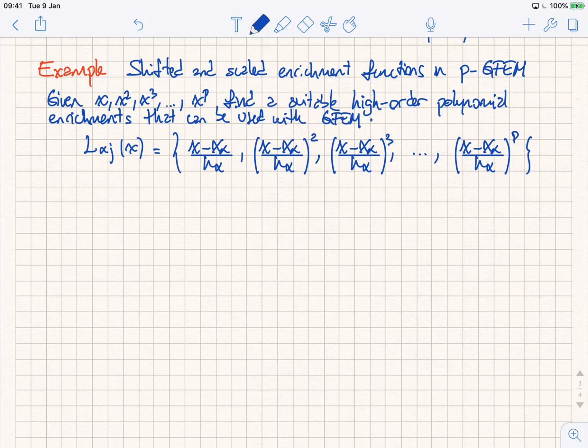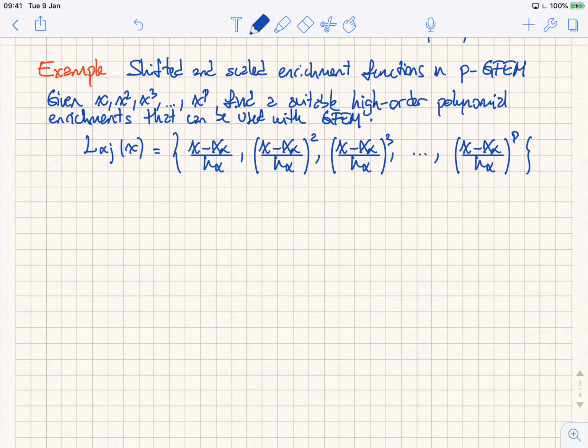And what you see here is that I'm basically creating enrichment functions that are shifted so that the value at the corresponding node is equal to... what is the value at the corresponding node of this function? x minus x1 at location x1 is equal to 0.